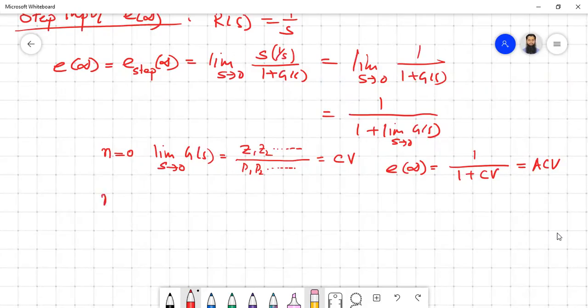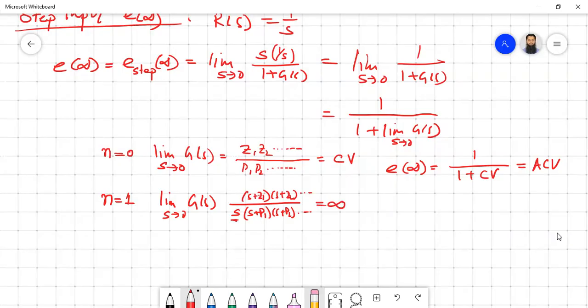Now what will happen if n equal to 1? Then limit s tends to 0 of G(s), now you have s in the denominator, then you have s plus p1, s plus p2 and so on, and similarly s plus z1, s plus z2 and so on. Now because of this s, if you place s equal to 0, 1 by 0 is infinity.